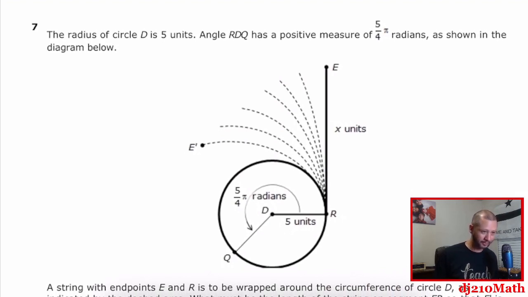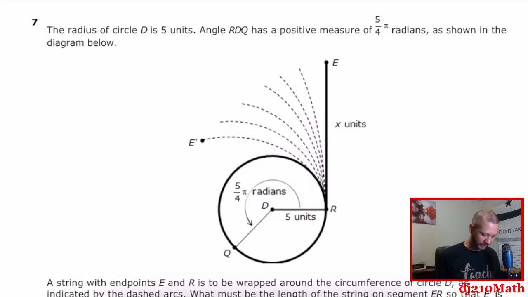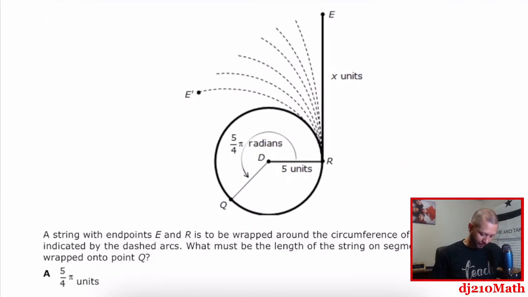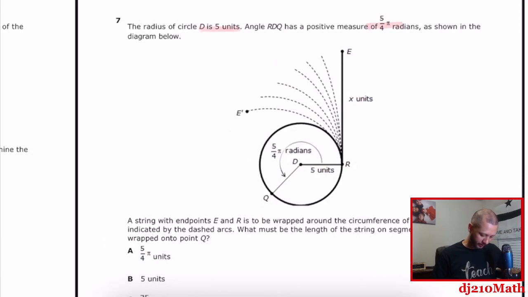Okay, this one looks fun. All right, the radius is 5. So radius is 5 units. The angle RDQ has a positive measure of 5/4 pi radians. So then there's my angle. That's exactly what the picture's showing here, okay?